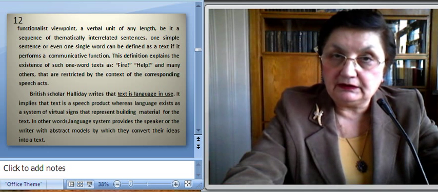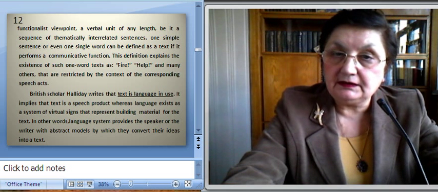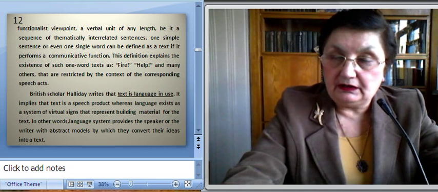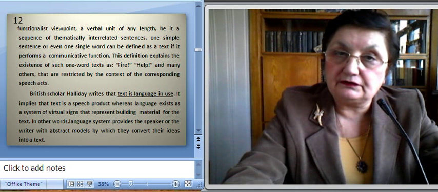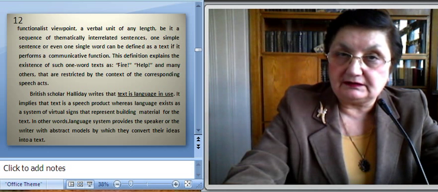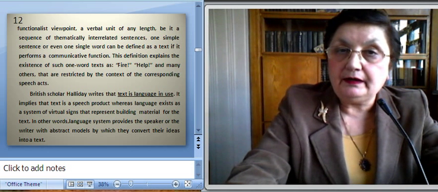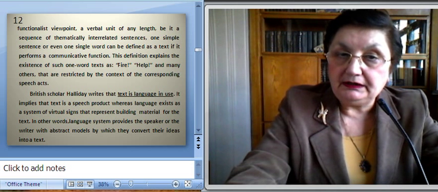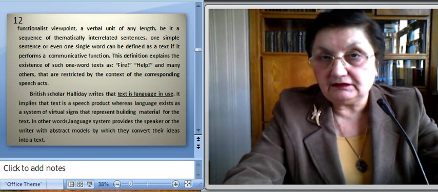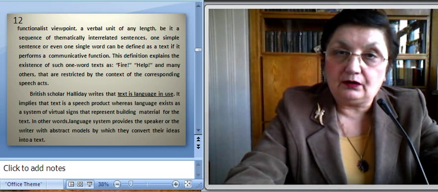This definition explains the existence of such one-word sentence texts as "Fire!", "Help!", and many others that are restricted by the context of the corresponding speech acts. British scholar Michael Halliday writes that text is language in use.